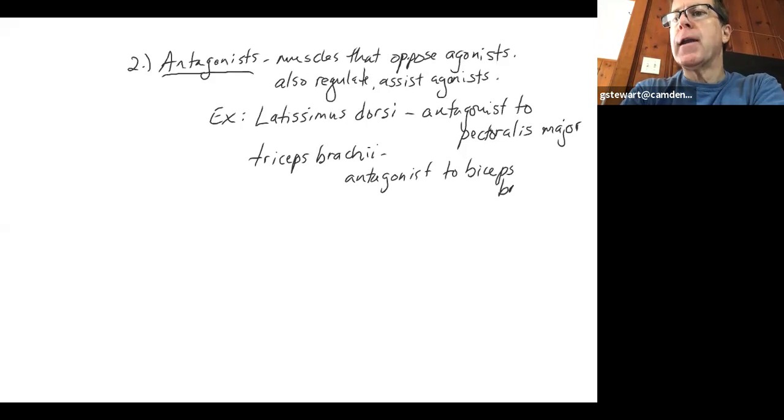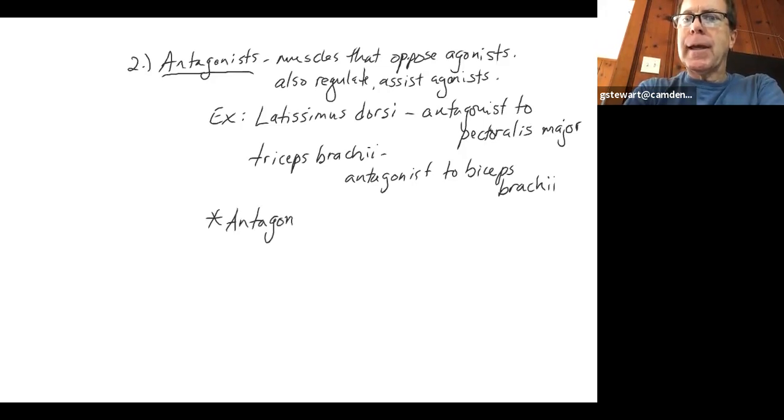And rather than write all of this out, before I erase this board, I'm going to show you what I mean by antagonist and agonist movement. And I'm going to highlight this point. Antagonist muscles can also be prime movers themselves.